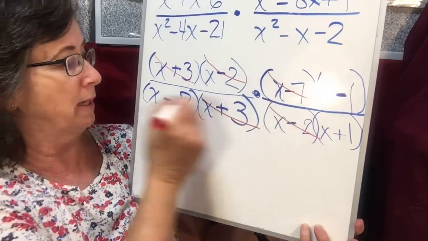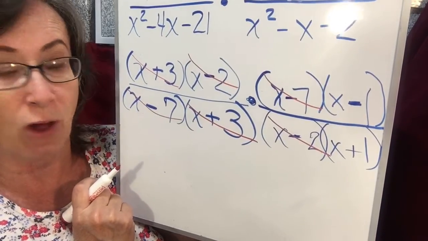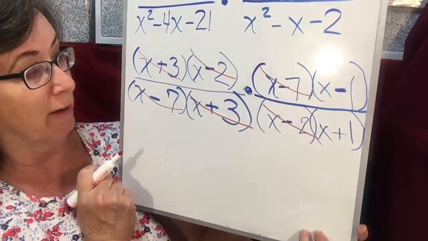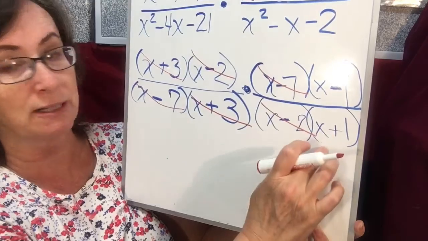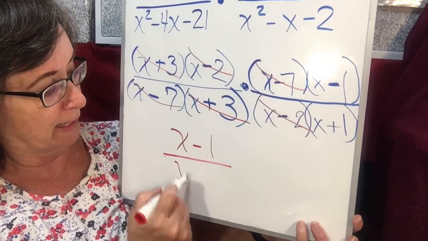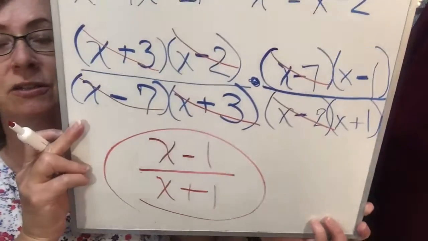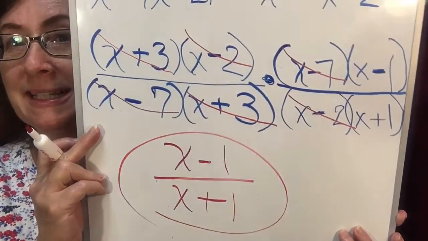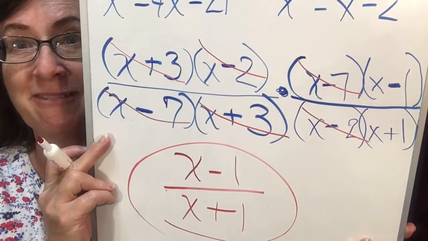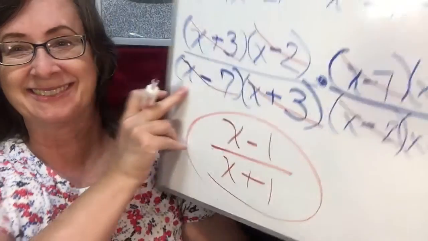We have an x minus 7 and an x minus 7. Almost everything canceled. The only thing that didn't cancel is an x minus 1 and an x plus 1. X minus 1 over x plus 1 is our answer. You see how easy it is if you will carefully factor, factor, factor, factor.